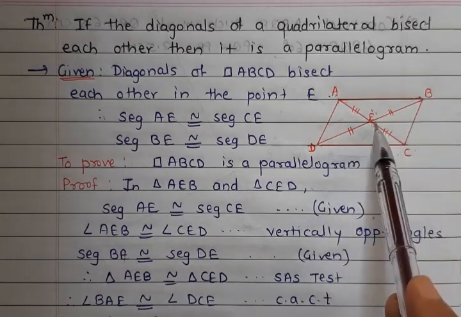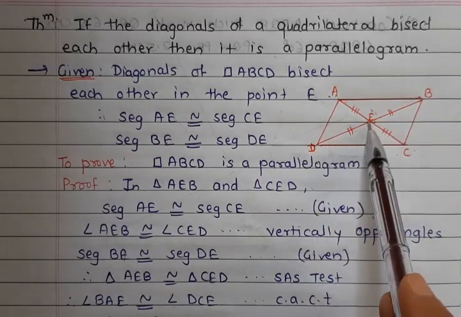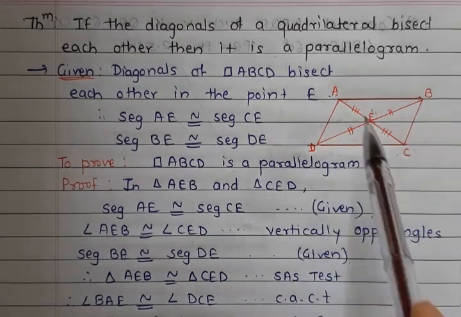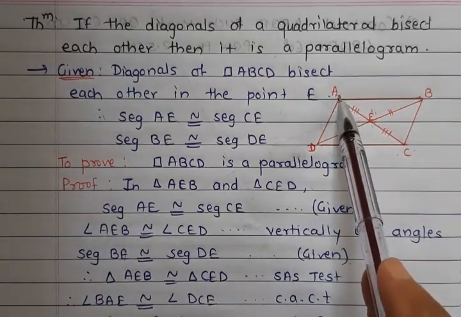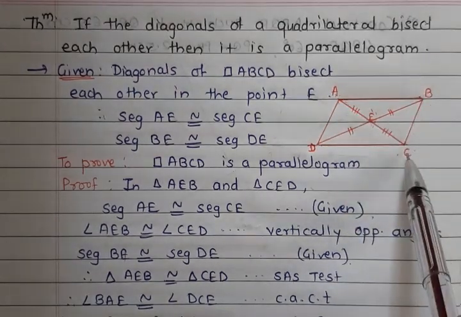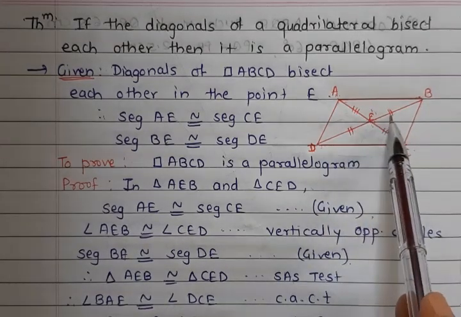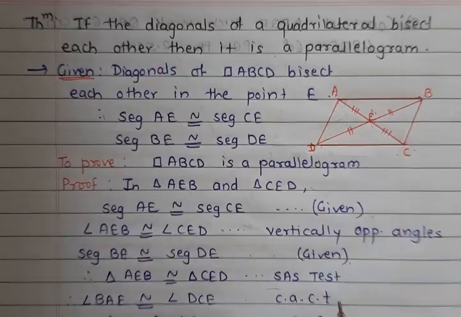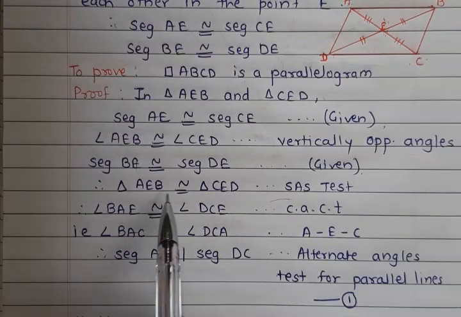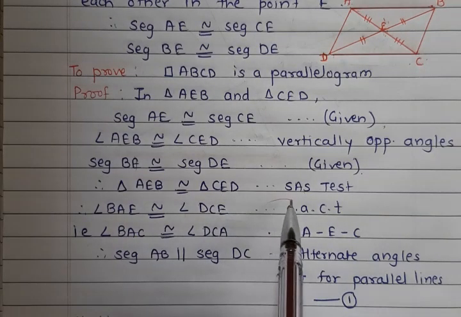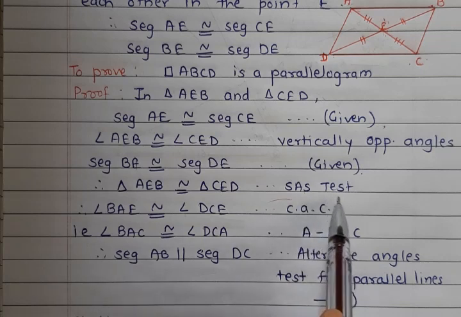Then segment BE is congruent to segment DE, that is also given. So triangle AEB is congruent to triangle CED according to the side angle side test.